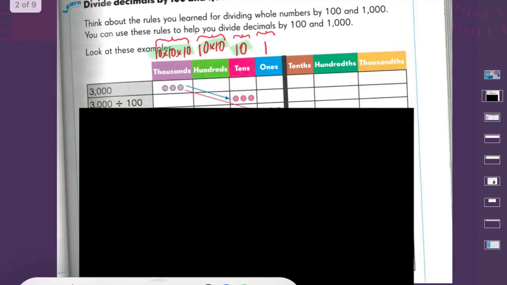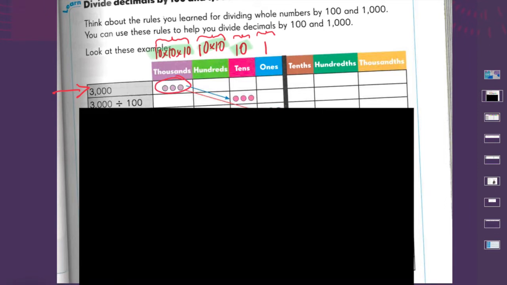So let's start by looking at the whole number 3,000. If we have 3,000 and we are going to divide 3,000 by 100, we're going to look to see how many hundreds are in 3,000. And so if we build using our place value chart, 3,000, we have 3 place value chips in the thousands place.